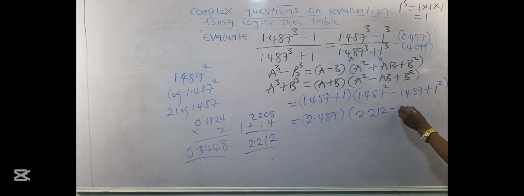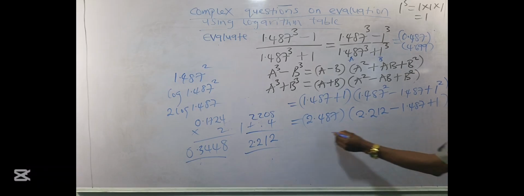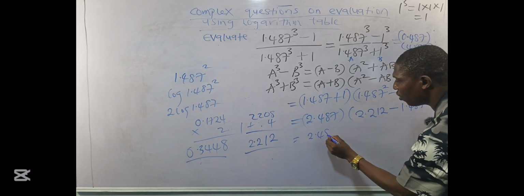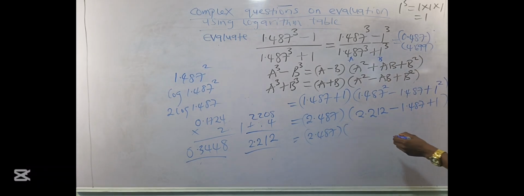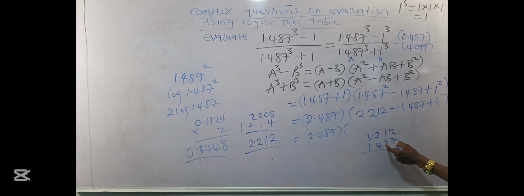2.212 minus 1.487 plus what? 1. So we have 2.487 in brackets. This plus 1 will give me 3.212, and I'll subtract my 1.487. This become what? 12. 12 minus 7 will give me what? 5. Yes, left with 10. 10 minus 8 will give me what? 2. Yes, left with 1. Bring 1 from here.